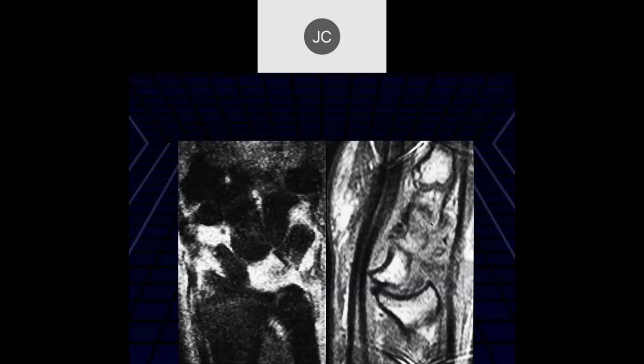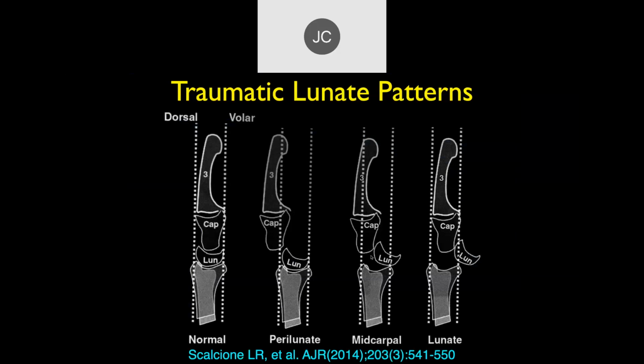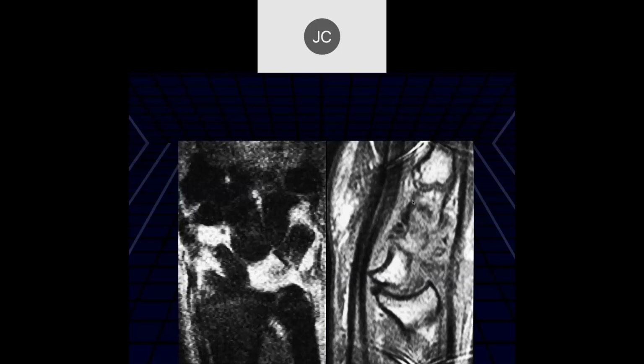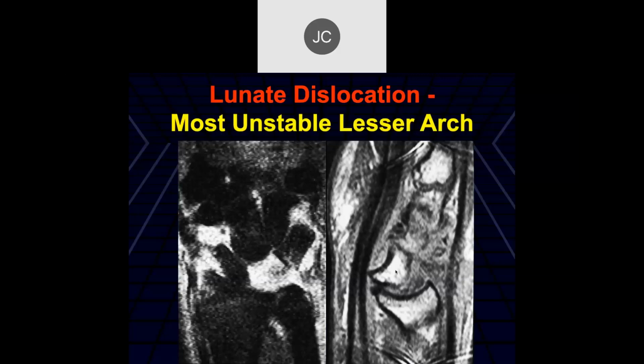So this would be somewhere probably in between a midcarpal and a lunate dislocation in this particular case, because it's a little hard to see. Here it looks like the capitate is relatively normally positioned, and we have dislocation of the lunate, and this was thought to be a lunate dislocation, which is the most unstable of the lesser arch injuries.